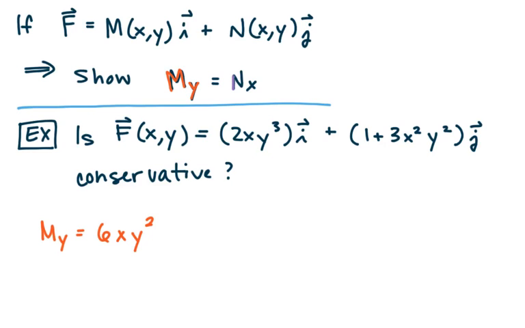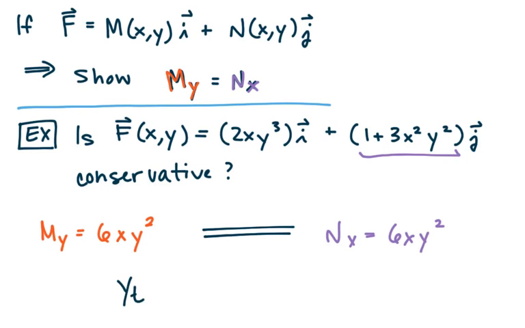Then looking at N with respect to x, this second term: the derivative of that constant 1 will be 0, and y squared will be a constant, so that will stay. 3x squared becomes 6x, and then we have our y squared. And since these two are equal, then yes, it is conservative.